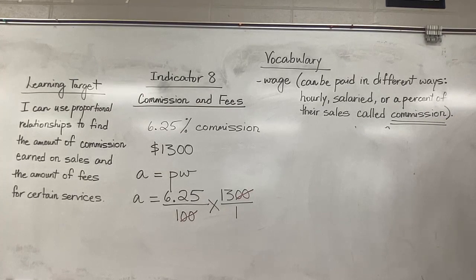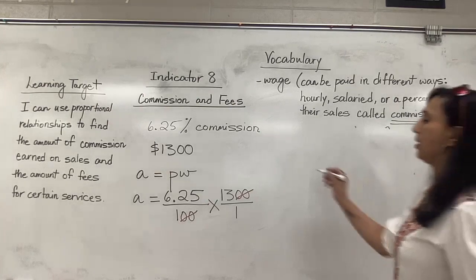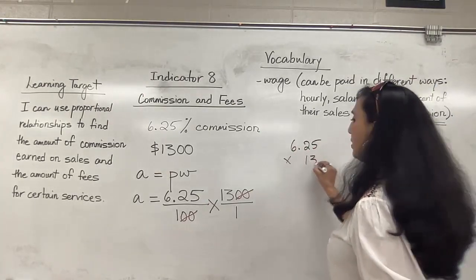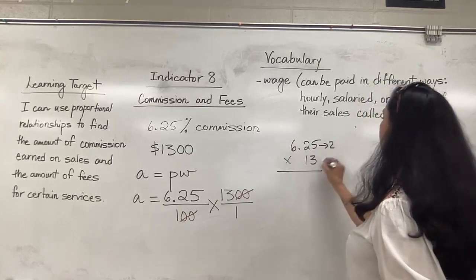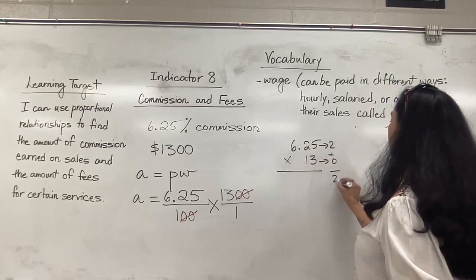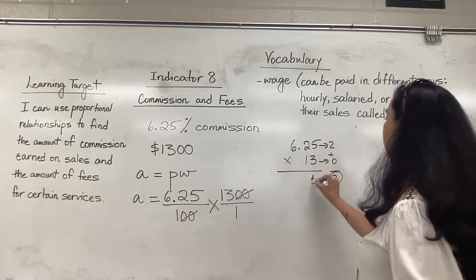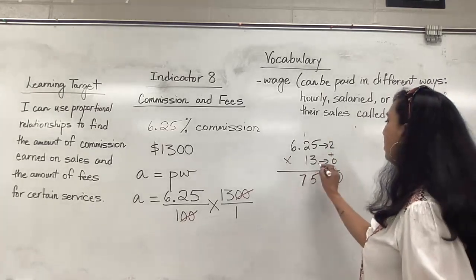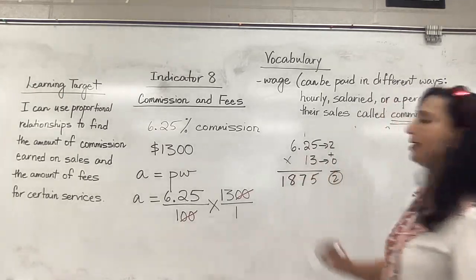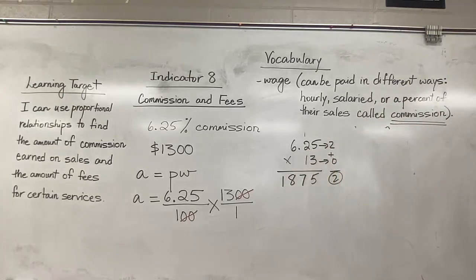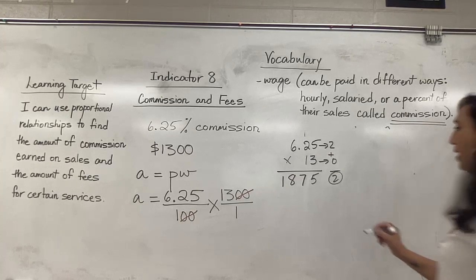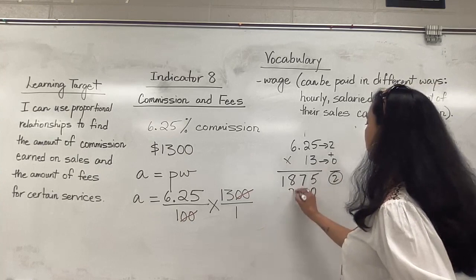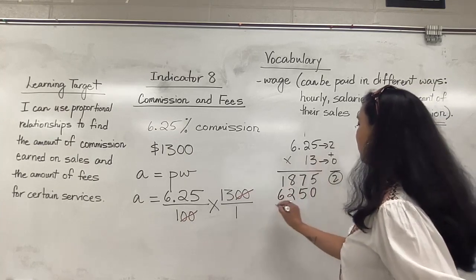And when I multiply 6.25 times 13, here I have 2 digits, 0 digits, total amount is 2. 3 times 5 is 15, carry over 1. 3 times 2 is 6, plus 1 is 7. 3 times 6 is 18. Okay, so I get this part. And then I go to the next, next is 0. 1 times 5 is 5, 1 times 2 is 2, and 1 times 6 is 6.